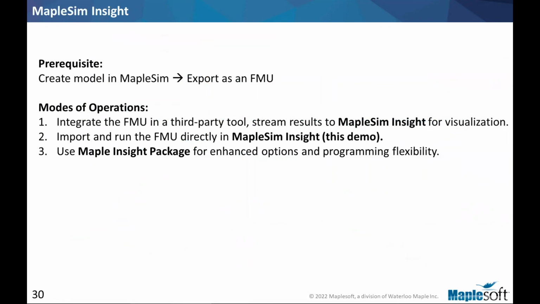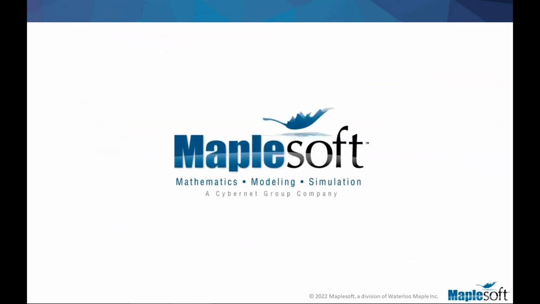So the MapleSim Insight is a separate program than MapleSim, and you can use that for visualization when you're running your FMU by streaming values to it. You can have it run the FMU directly, just this example that we saw, or you can use the Maple Insight package to access it programmatically. So those are the three options that are available to you.